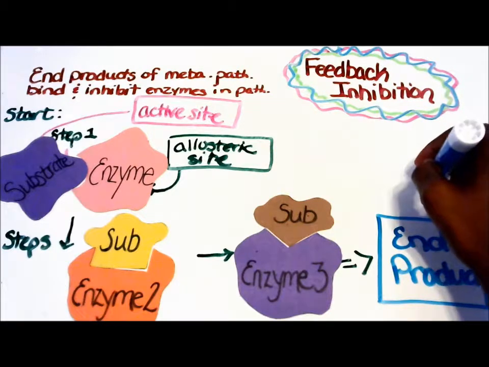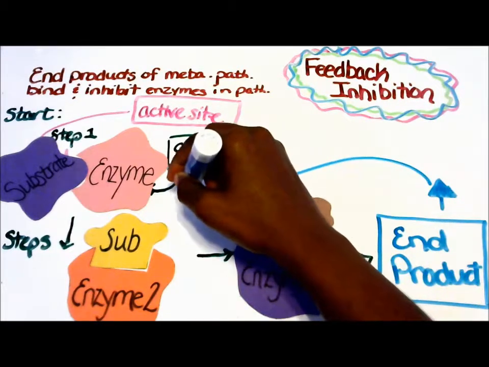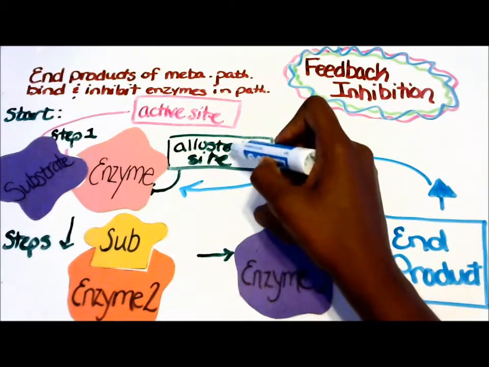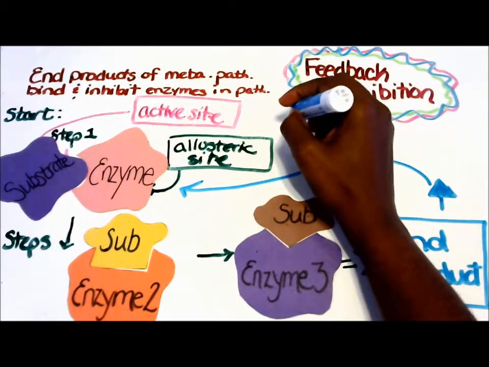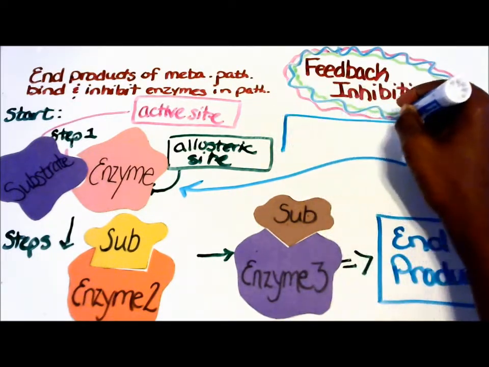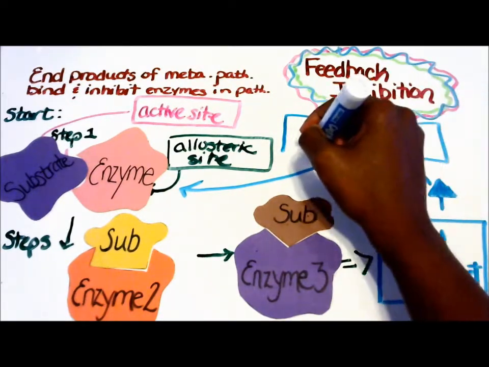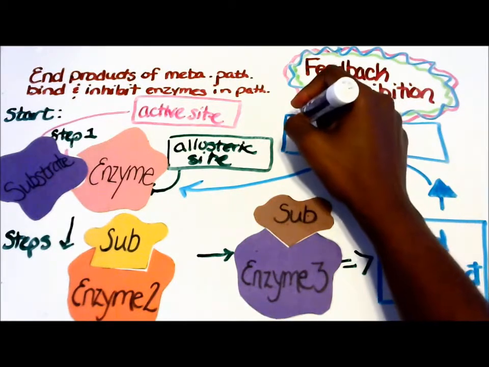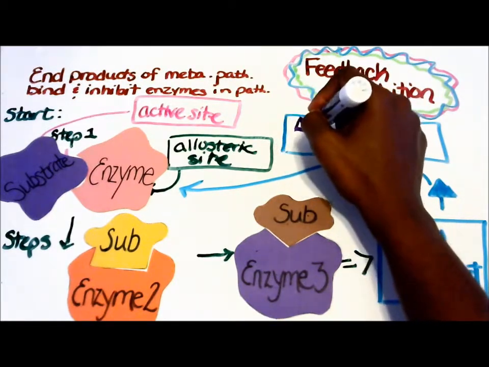Well, the end product can then bind to the allosteric site. Once it binds to the allosteric site, the enzyme does what? The enzyme changes shape.